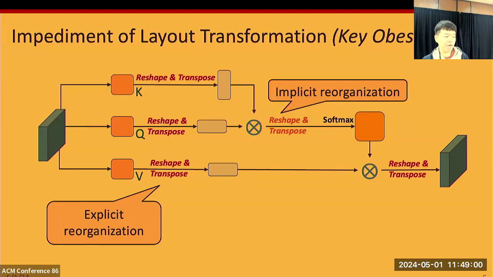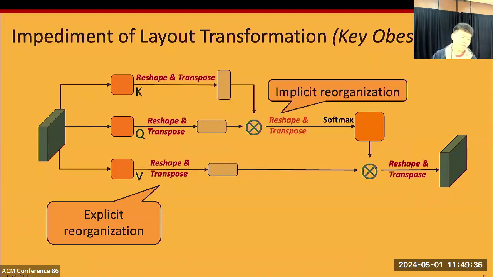In this example, the softmax prefers NHWC. So the inference or execution framework needs to implicitly transpose the input data before feeding it to the softmax into a preferable data layout, which softmax can execute faster. This is what we call implicit reorganization. This is just an example for the transformer block, but it is also widely seen in traditional convolutional neural networks as well.